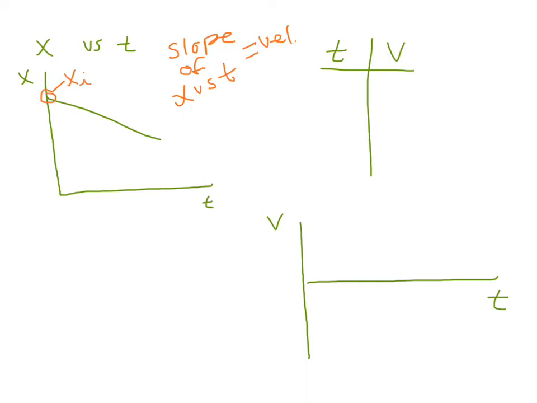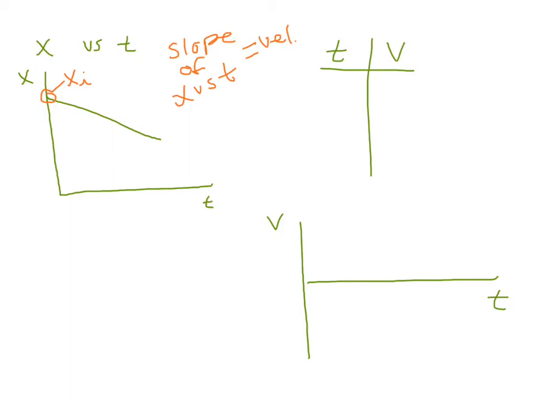These are things that you just have to pound into your brain and be able to recall on command, because it comes up very often. And the slope of this one, we just said, is constant, which means it's not going to change, and it's negative. So it should be pretty easy to come up with what this graph should look like.